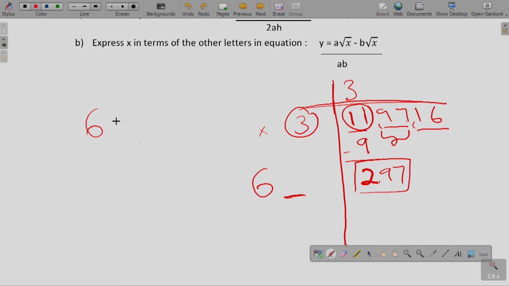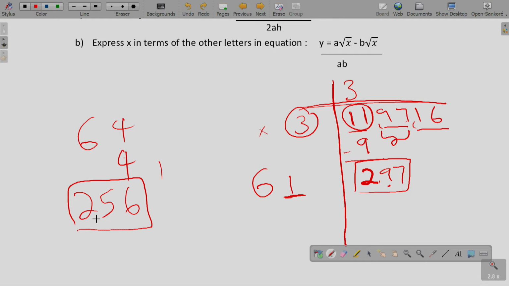Example, if I put 1 here, 61 times 1 is equal to 61, which is not nearly 297. Also, if I put 4 here, 4 times 4 is 16, and here I get 25. So this is nearly equal to 297.